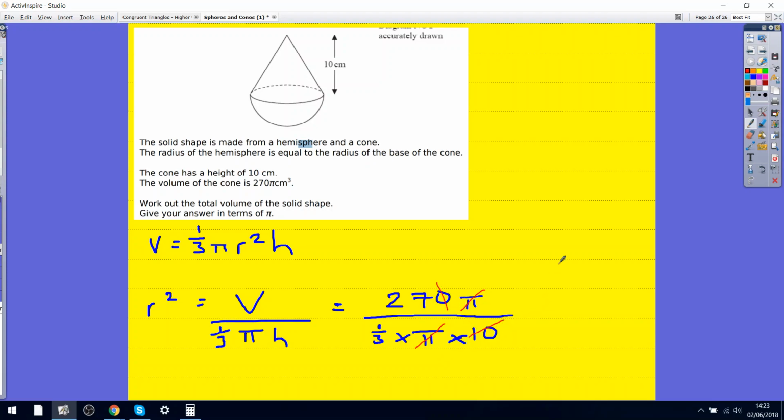Yeah. And how do you do 27 divided by a third if it was non-calc? Yeah. And so what is that? So that's 81. Okay.